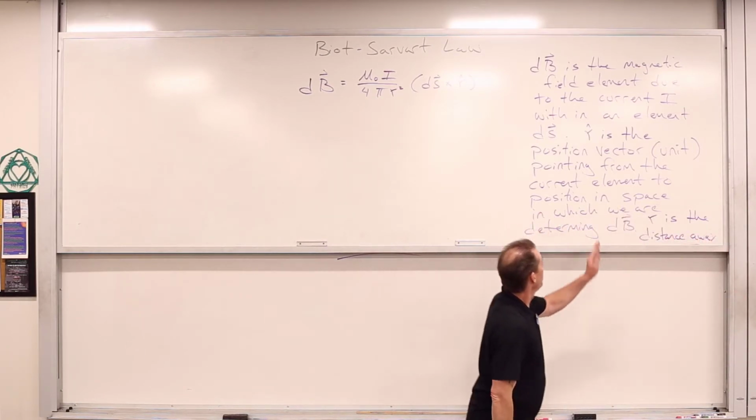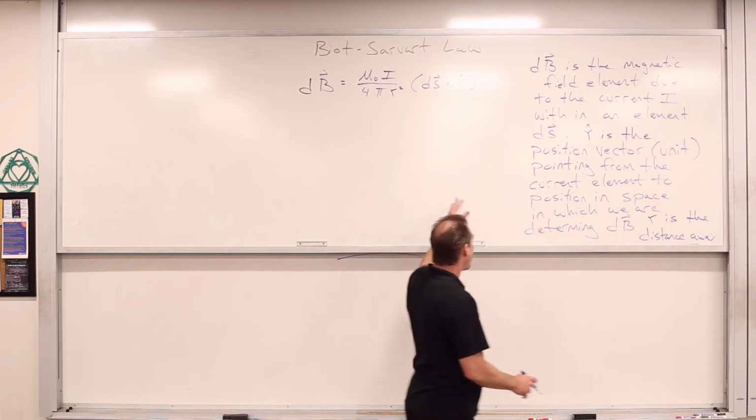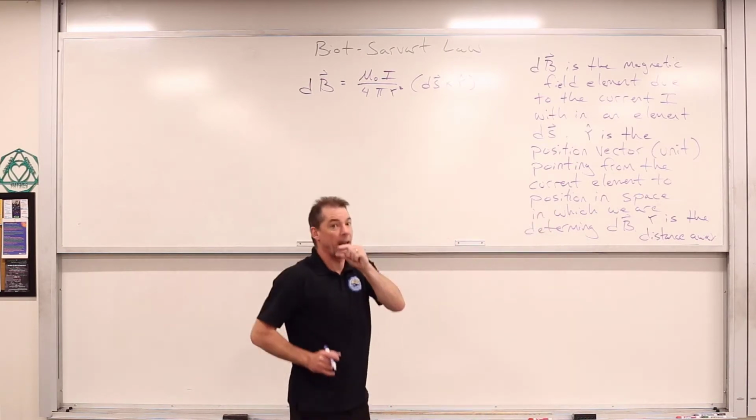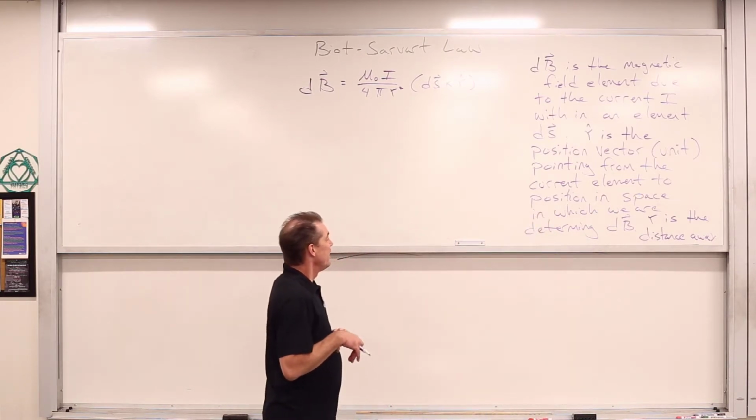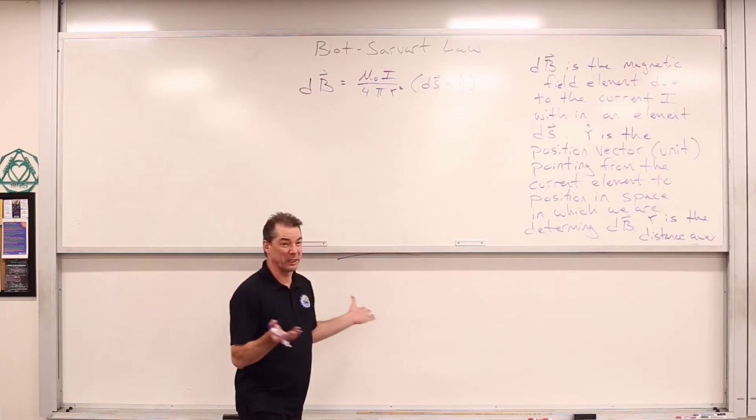So we've got the unit vector that points from the location in space of the current element in that ds to where we're actually trying to discern what the magnetic field is.